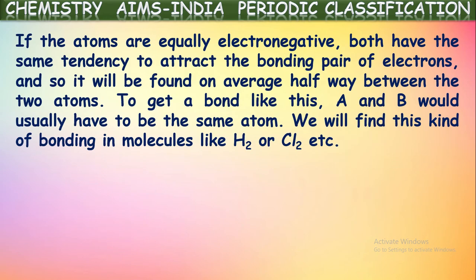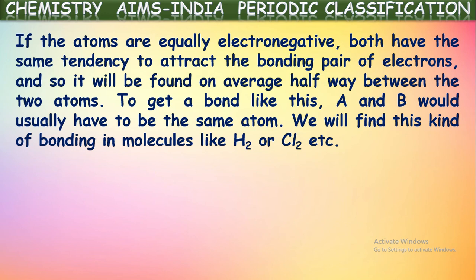Now, if the atoms are equally electronegative, both have the same tendency to pull the electron pair towards them, the same force. Both have the same tendency to attract the bonding pair of electrons, and so it will be found on average halfway between the two atoms.